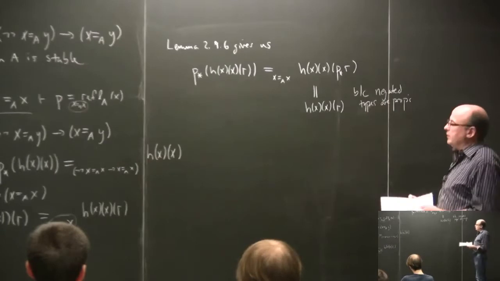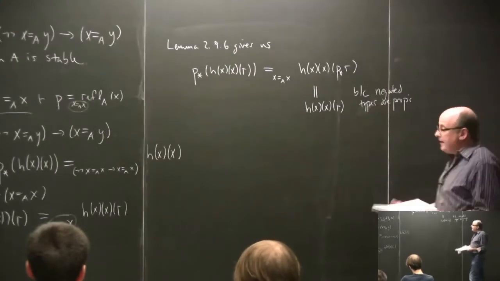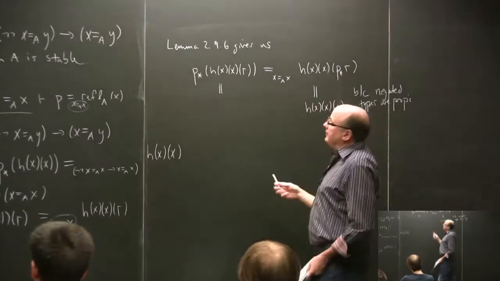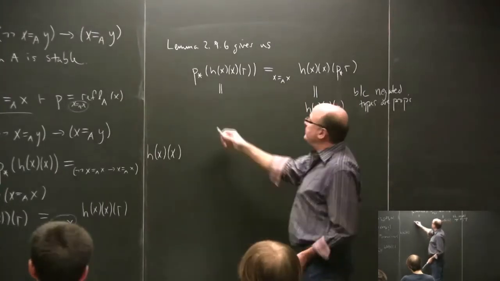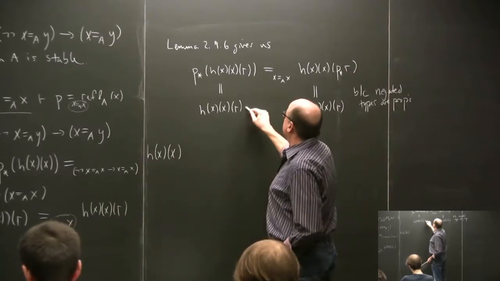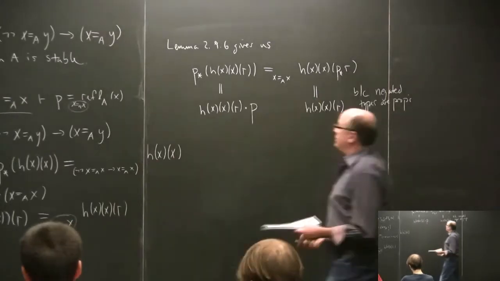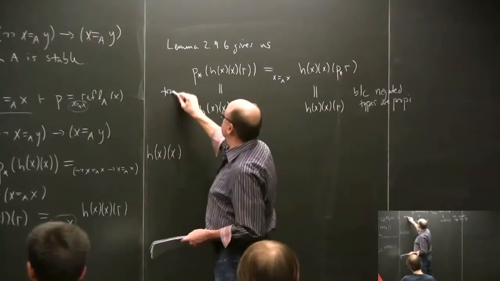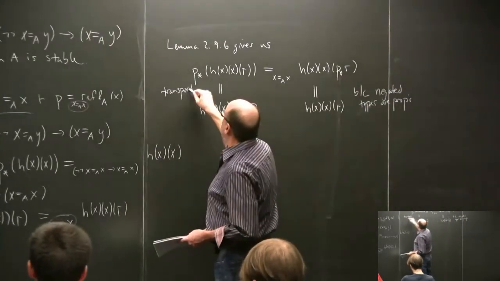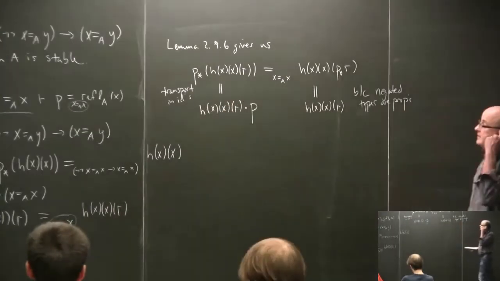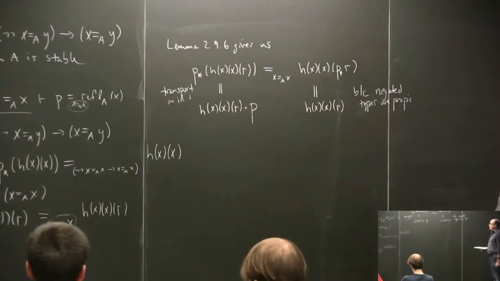And then if you calculate out what the action of transport is in an identity type, that's a post-composition. So this is h of x of r dot p, which is what is written over here, and this is because of transport in identity types, which we talked about before. So that is given by post-composition.